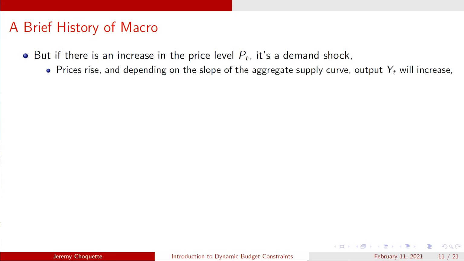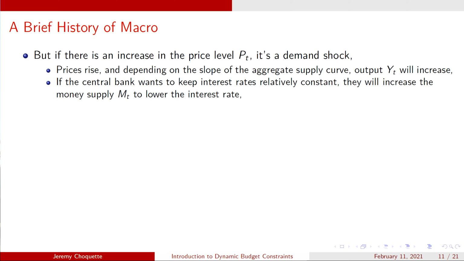And some of that economic theory we can impose in this a little bit later on. So if the central bank wants to keep interest rates relatively constant, they'll probably increase the money supply to try to lower the interest rate, because this demand shock is going to lead to an increase in the interest rate, which is further going to increase the price level and possibly output, maybe.